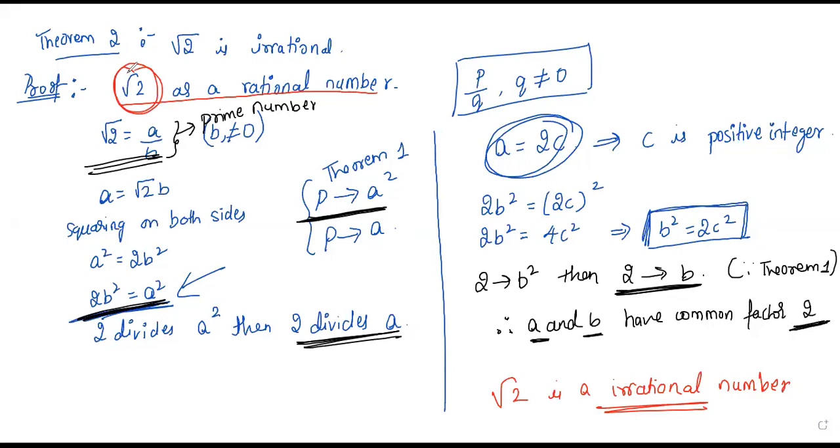Everything else remains the same. Instead of root 2 here, you get root 3, and instead of 2 here, you get 3. That's the only change. Apart from that, all the steps are the same. Done?